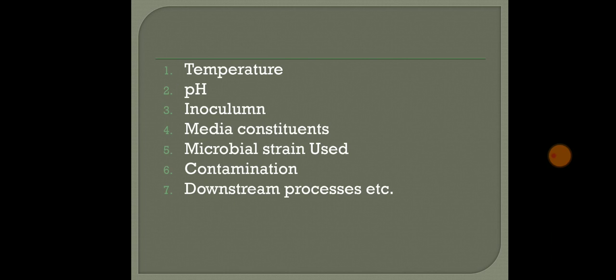Different media constituents, because they are directly linked with the growth of a microorganism. Which microorganism you are using for the process of fermentation, whether there is any contamination in the fermenter or not, and how you are carrying out the downstream processes, how you are recovering the product, that also affects the fermentation process. Thank you.